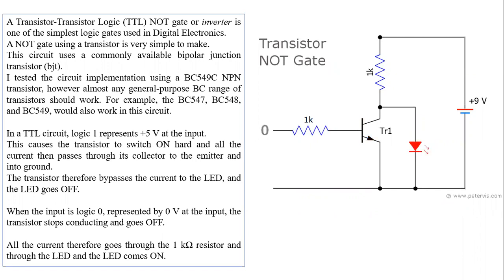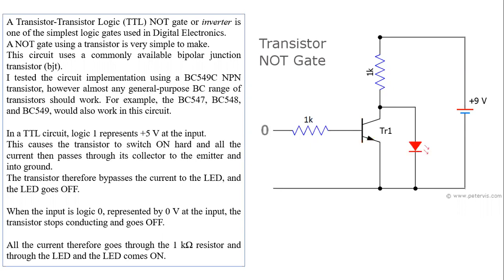But when the input is logic 0, we represent it as 0 volt. Because of that, the transistor stops conducting and goes off. When it goes off, the entire 9 volts goes through the LED, and we can see that the LED is on. So what is happening: when logic 1 was given, the LED was off; when logic 0 was given, the LED was on.